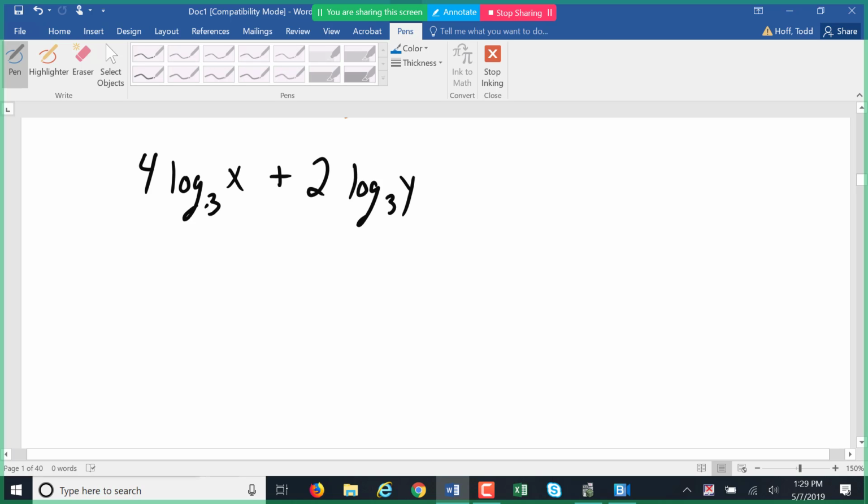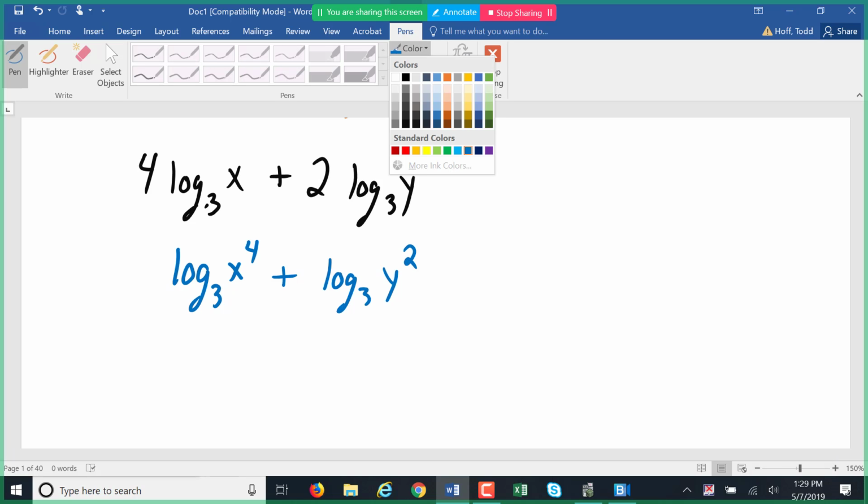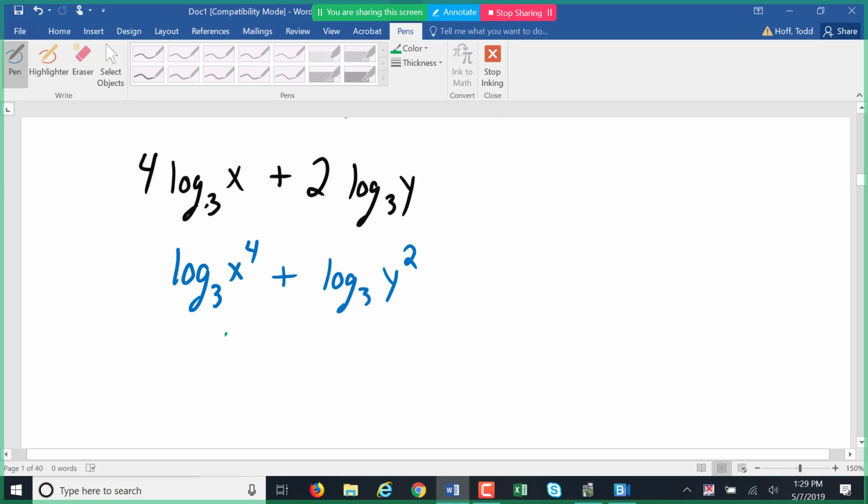So 4 log base 3 of x becomes log base 3 of x to the power of 4. 2 log base 3 of y will become log base 3 of y squared. And then the plus is from multiplication, so that's log base 3 of x to the 4th y squared. Any questions?